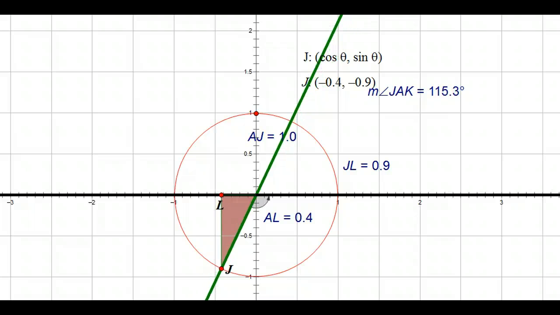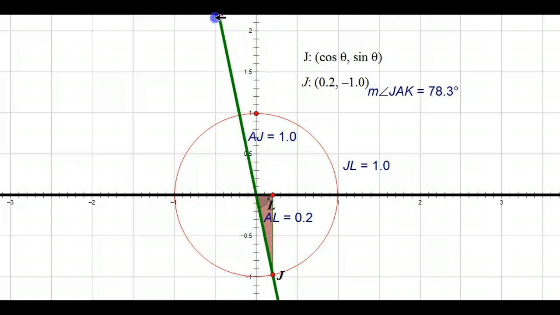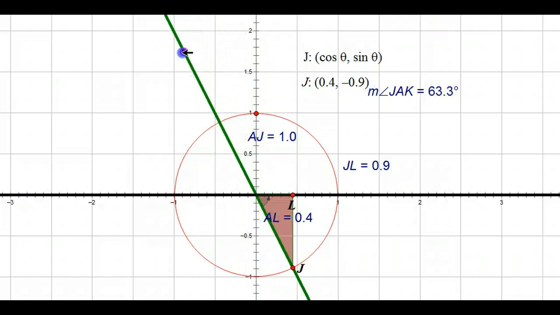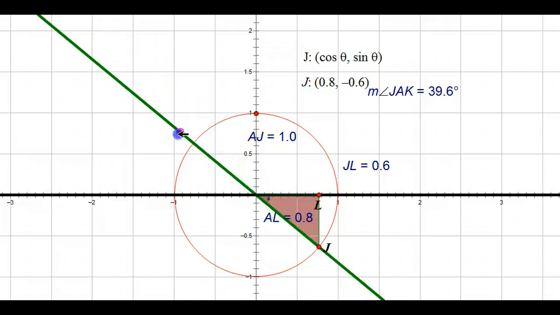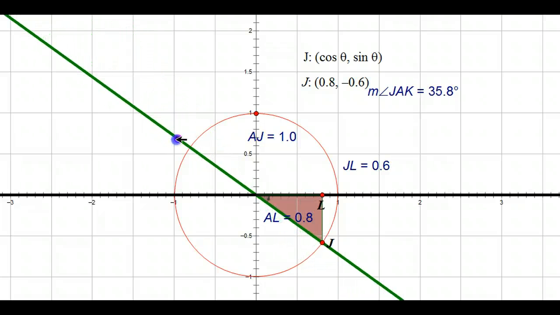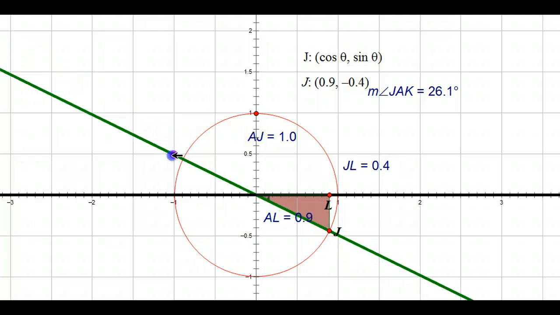That's because the x is on the negative side and the y is on the negative side of the axis. Then in the fourth quadrant, cosine, or the x value, is positive and the y value is negative.